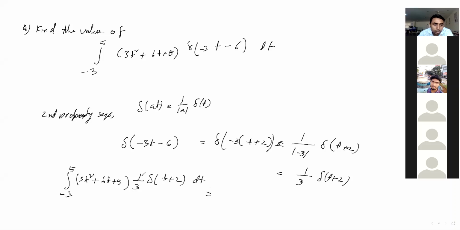This 1 by 3 is a constant, so it comes outside of the integration. So what is the value of this? How can we find this integration?